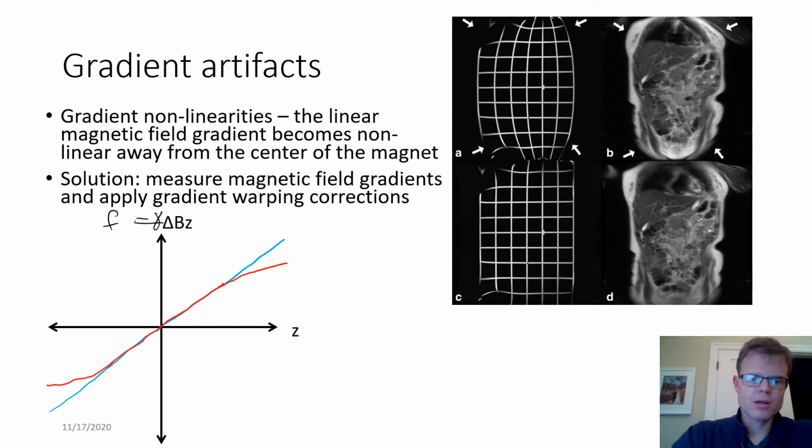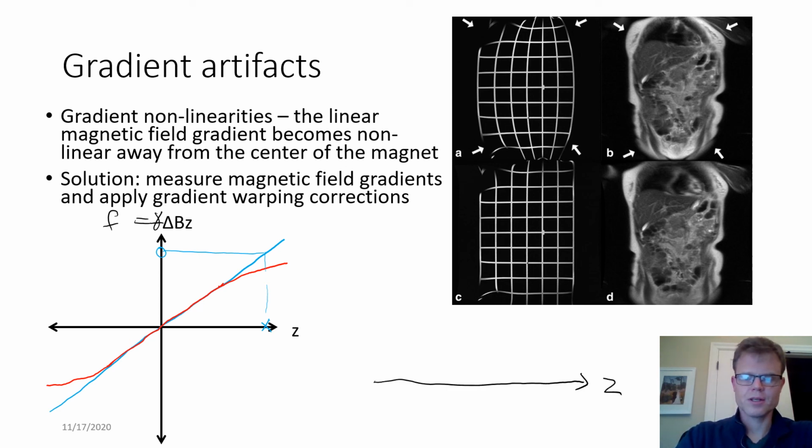So we might think that, and this becomes a problem way at the edges here, at a certain position, if we have linear gradients, we expect to measure this frequency value.